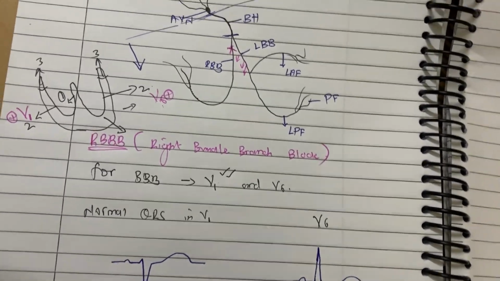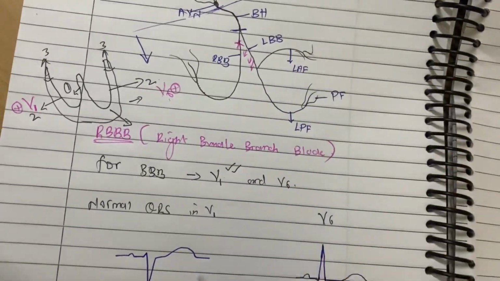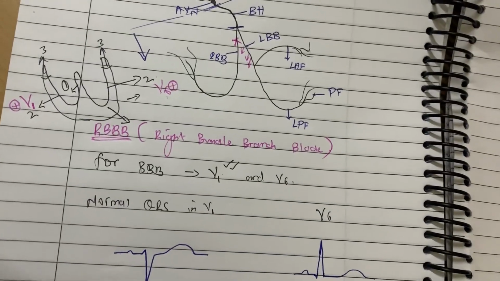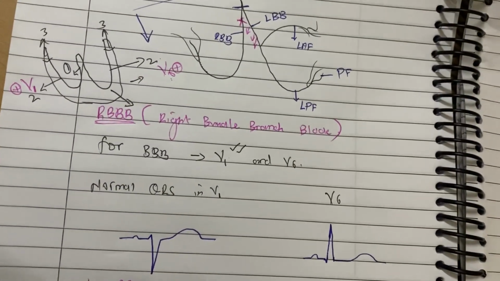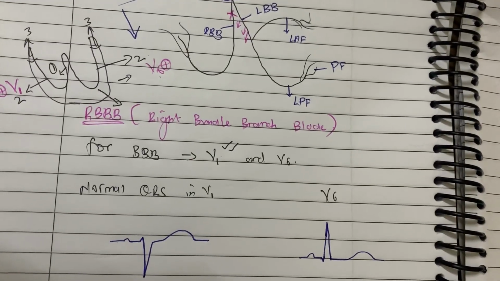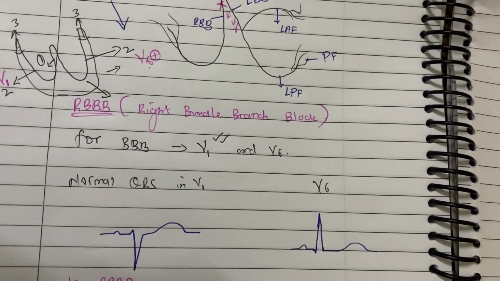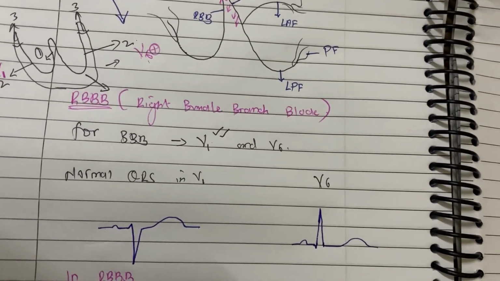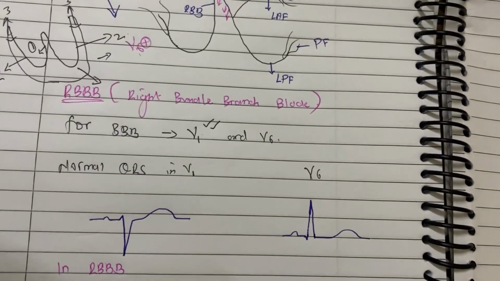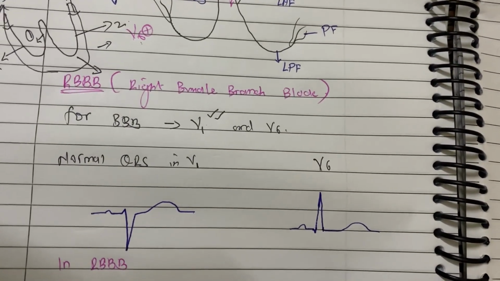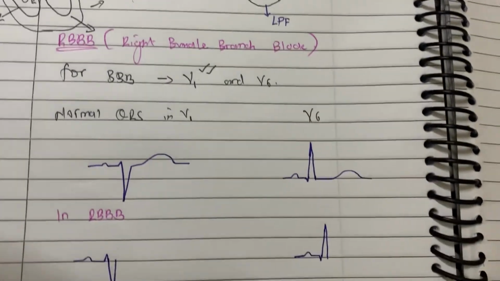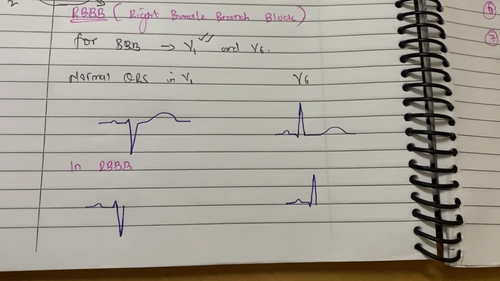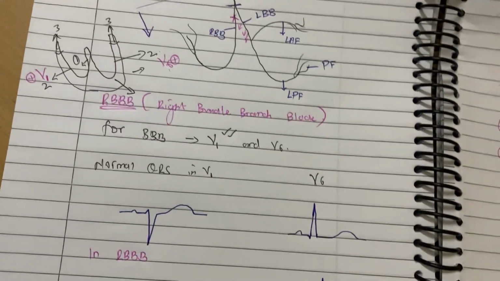So we expect the left side to be depolarized fast, and since it is going away from V1, we expect a negative wave, and it is big, that is S, and here it will be recorded as R.